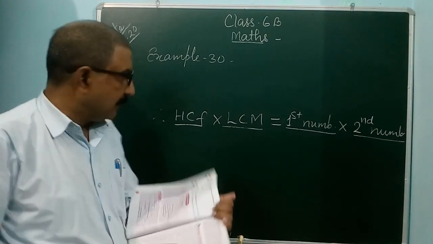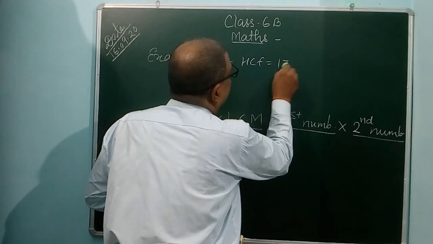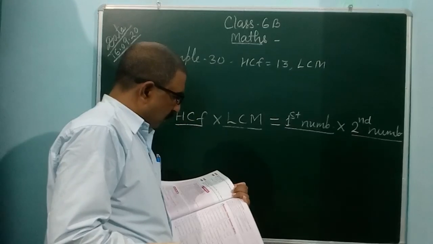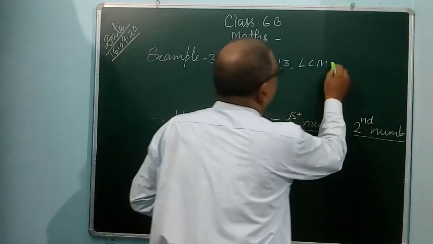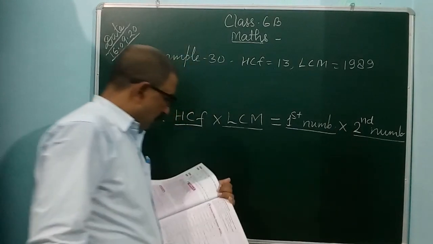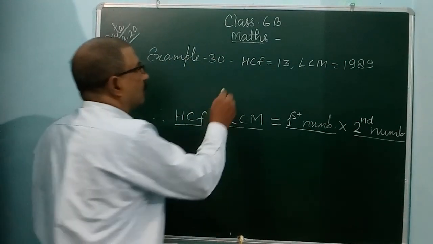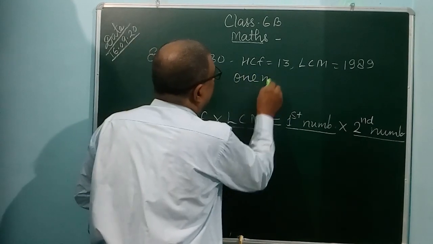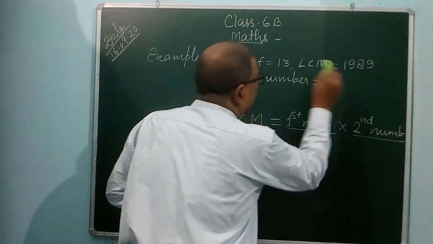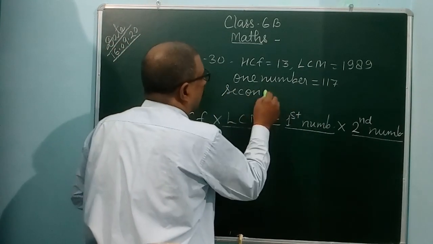So you can write here HCF is equal to 13 and LCM of the numbers is equal to 1989. One number is 117. Find out the second number, or you can say the other number.